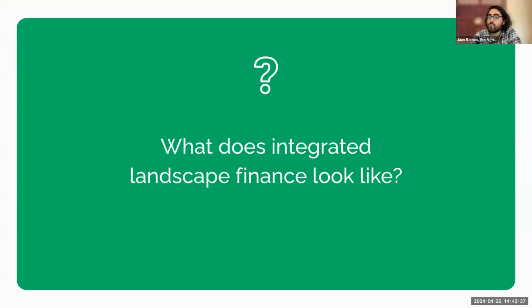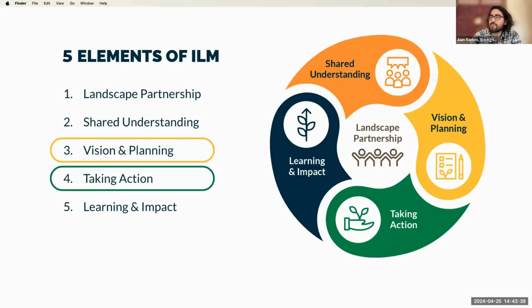So now moving into what it looks like, it's important to always bring back the logic that integrated landscape finance, and thinking about this as a process approach, is really just embedded within integrated landscape management as a whole. At each of these points, there are financial and funding questions attached to governance: who will continue to facilitate, who pays for this facilitation, who maintains that facilitation, is someone going to volunteer for it?